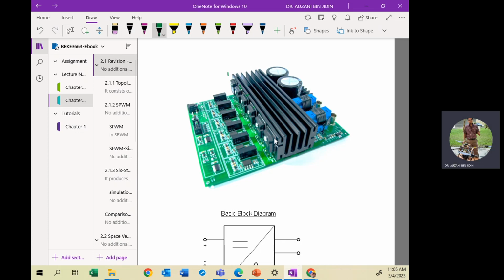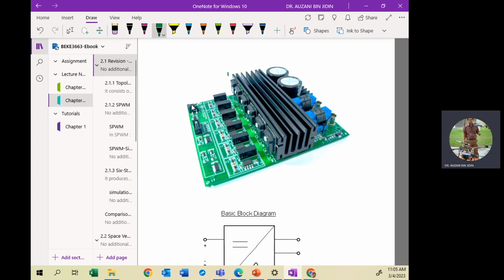This inverter is flexible to be used with any type of controller. You can apply it using FPGA, field programmable gate array, DSP, and so on, Arduino.